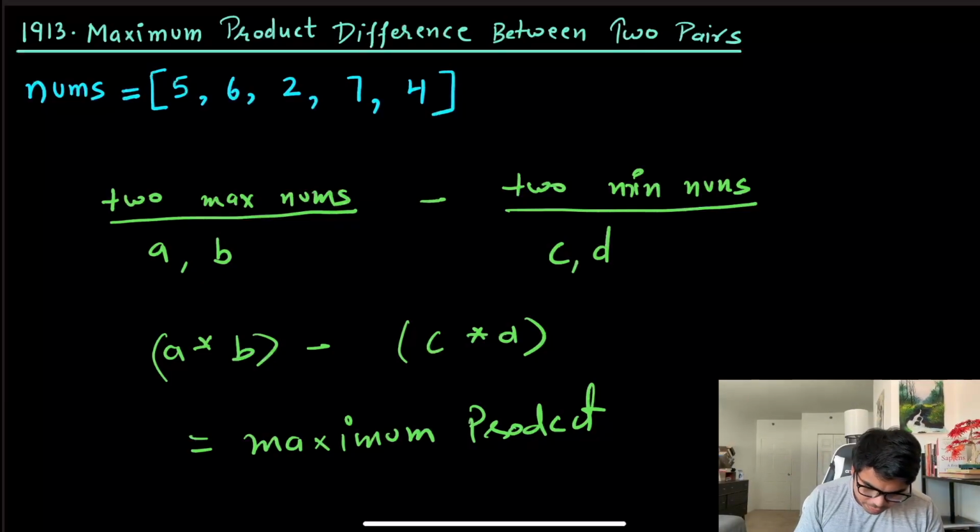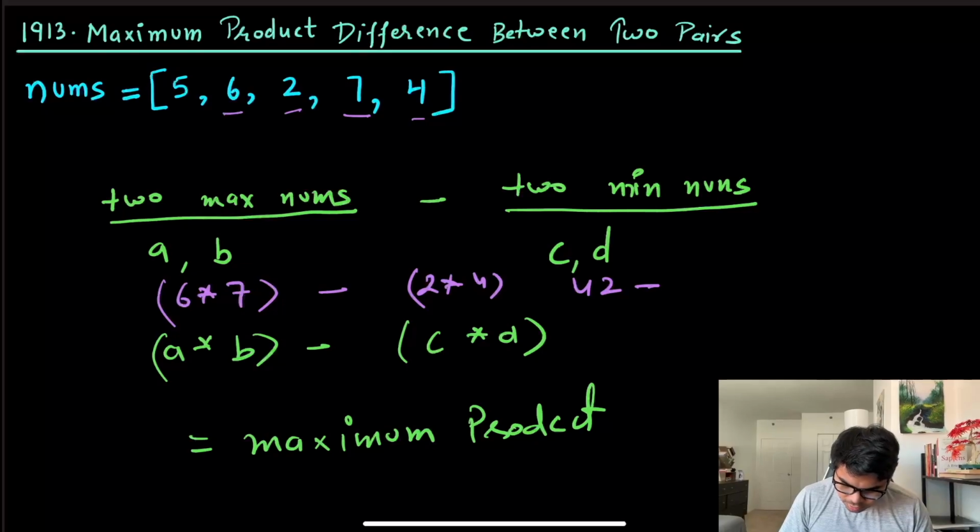So in this particular case, what are the two largest numbers? 6 and 7. So I'll do 6 into 7, which is 42, minus the smallest numbers, 2 and 4.